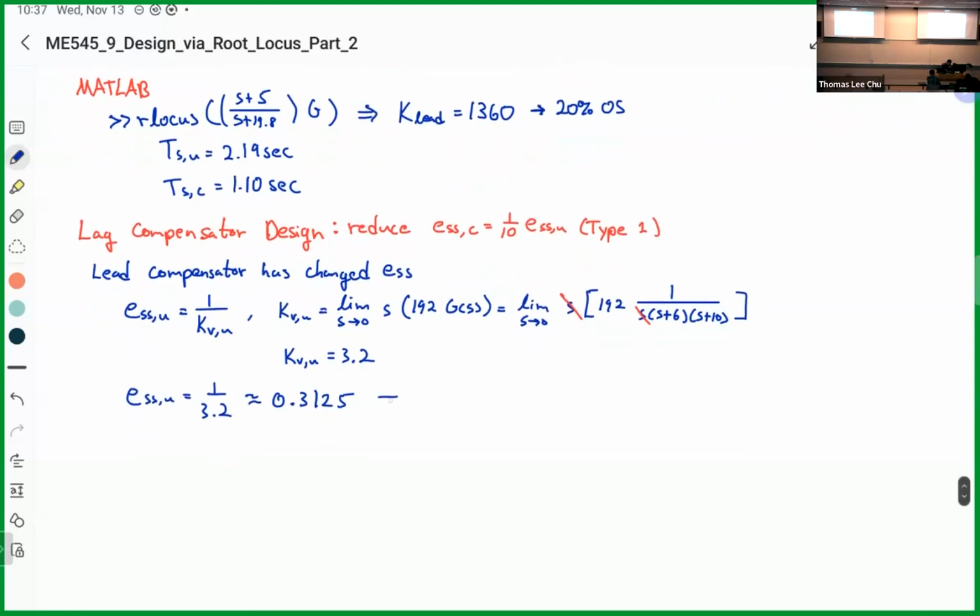Then our error of our compensated system is going to be 10 times smaller, so it's just going to be 0.03125. So this is our target. We want steady state error to be this small. So now let's check the steady state error of the lead compensated system.